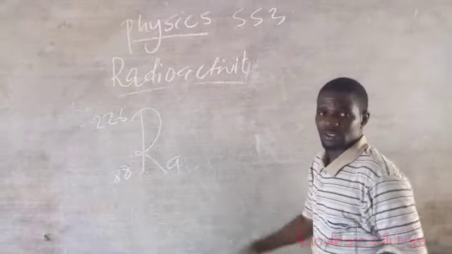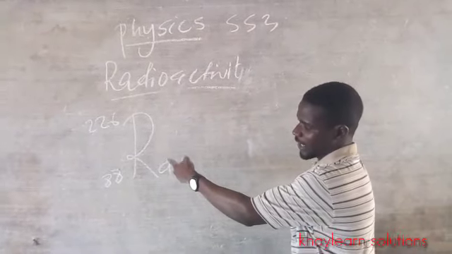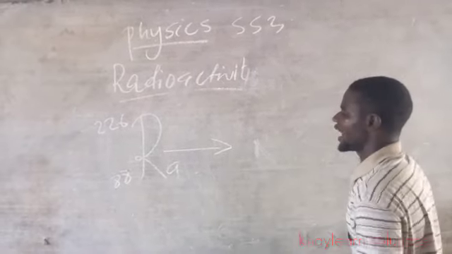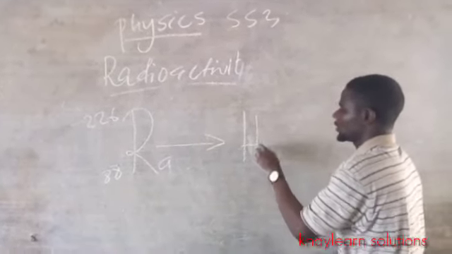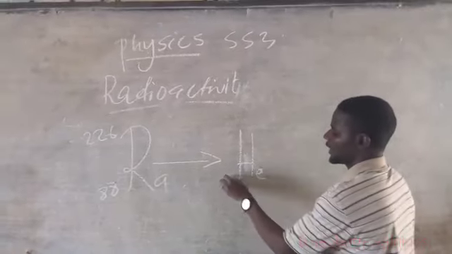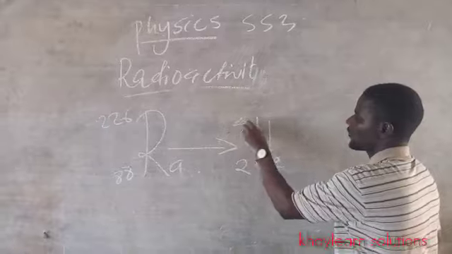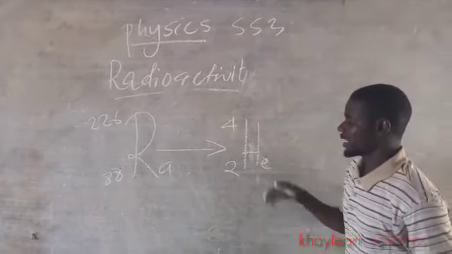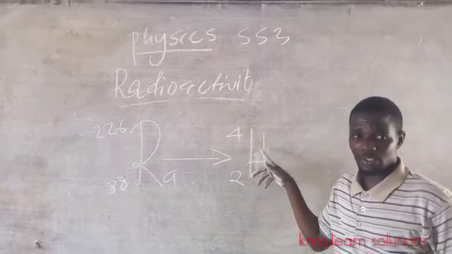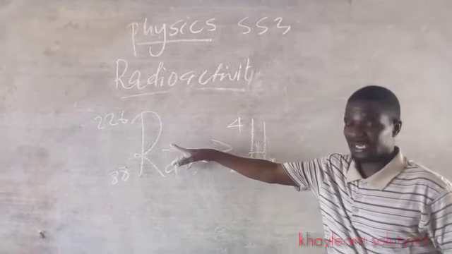After some time, this radioactive substance will decay. After decaying, it will emit an alpha particle, which is a helium nucleus with atomic number 2 and mass number 4. This is not an actual element emitted; it is a particle called an alpha particle, produced after decaying.